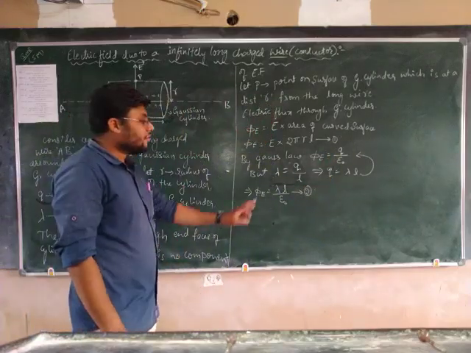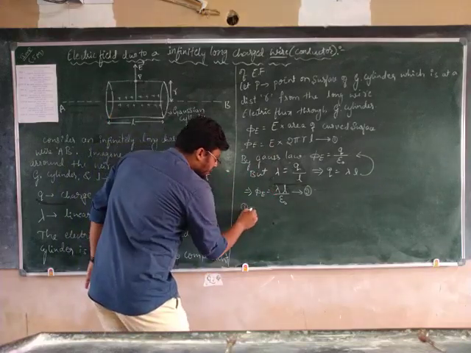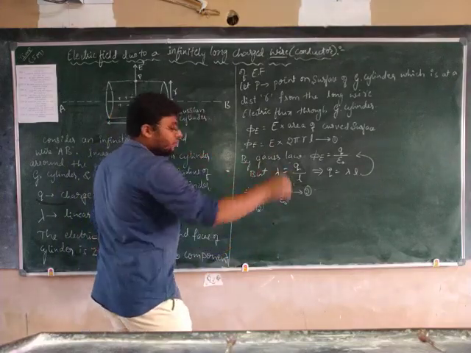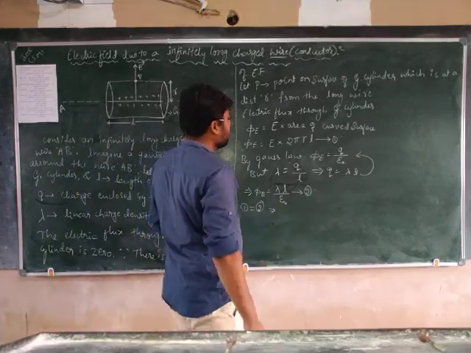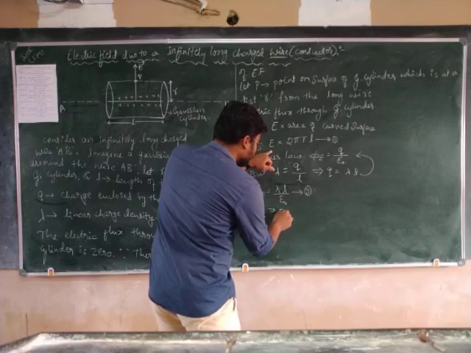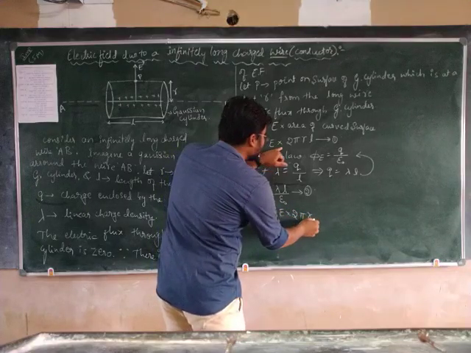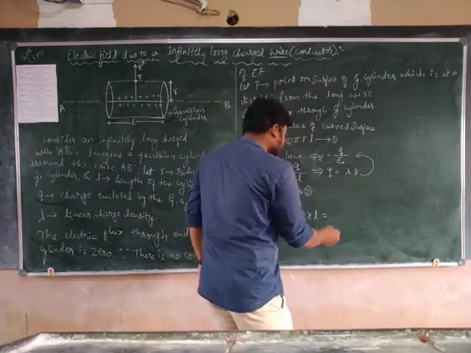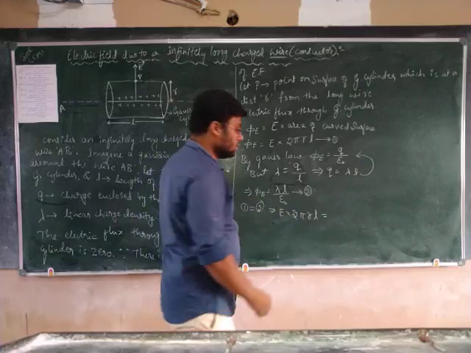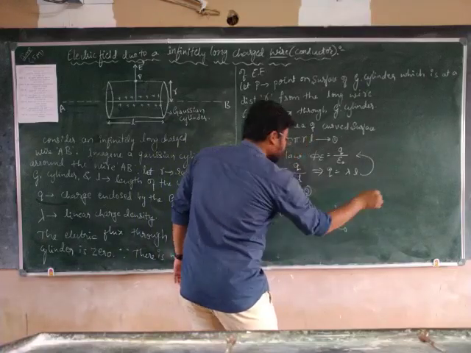Now equate equation 1 and 2, we'll get E into 2 pi r into L, which is equal to lambda L divided by epsilon naught.